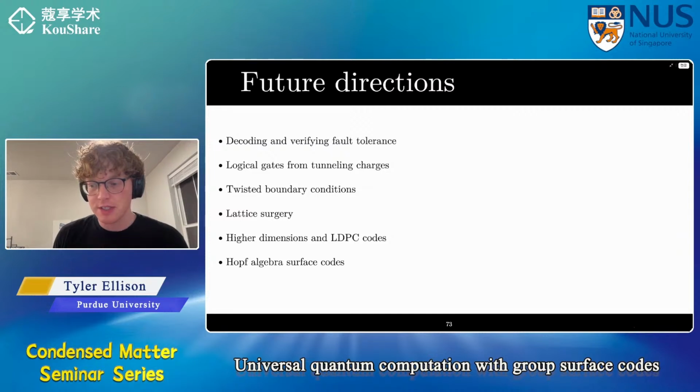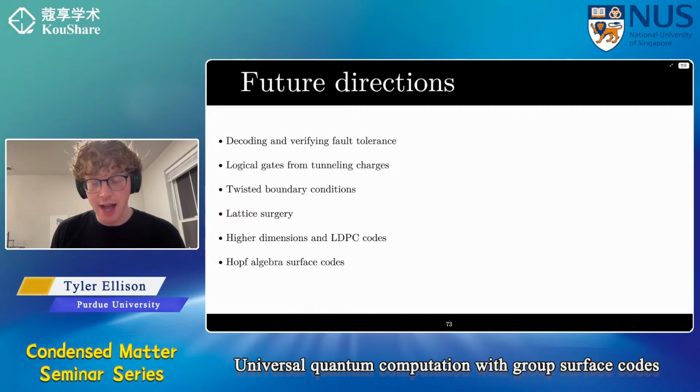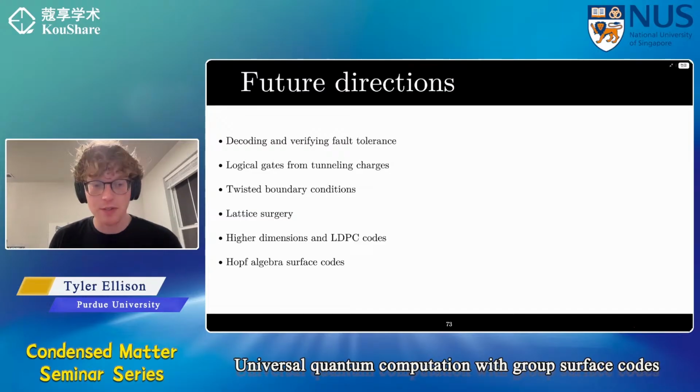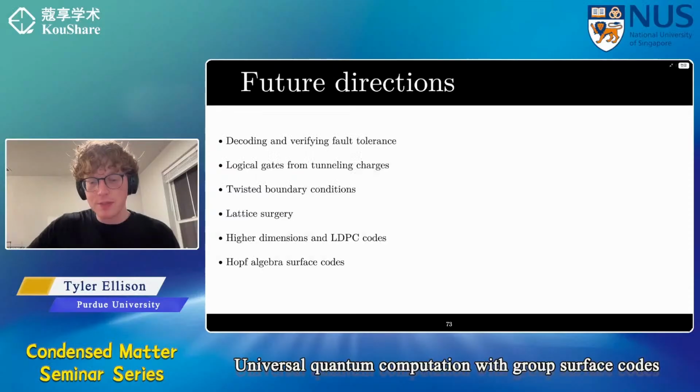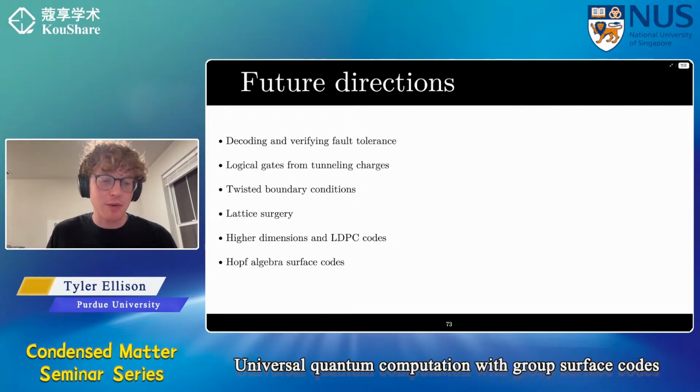For example, just a Hadamard and the controlled NOT gate is universal. And you use something like CCX and supplement that with the Clifford operations, and that allows for universality.